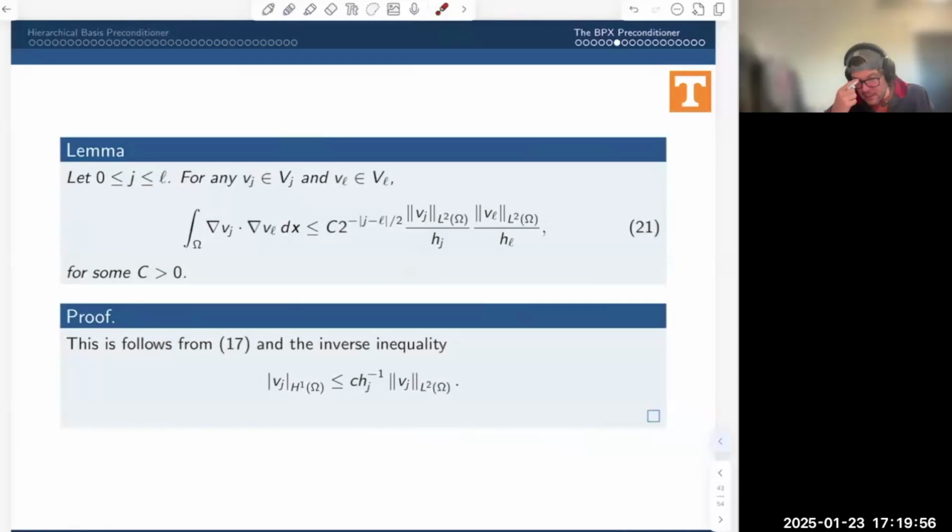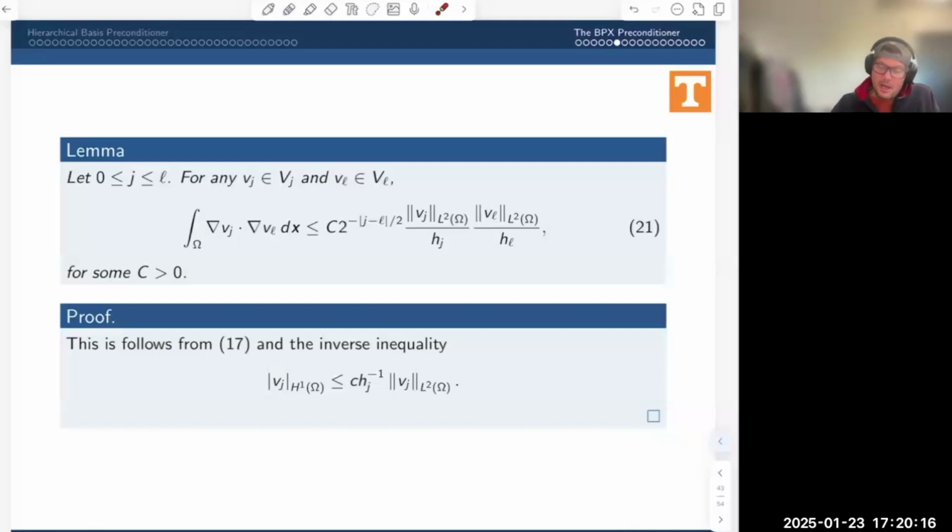Now, we need another strengthened Cauchy-Schwarz inequality. This one I'm not going to prove. It just follows from that previous strengthened Cauchy-Schwarz inequality that I mentioned earlier, which also I didn't prove. Or maybe we did prove that last time. I can't remember if we proved that in December or not.